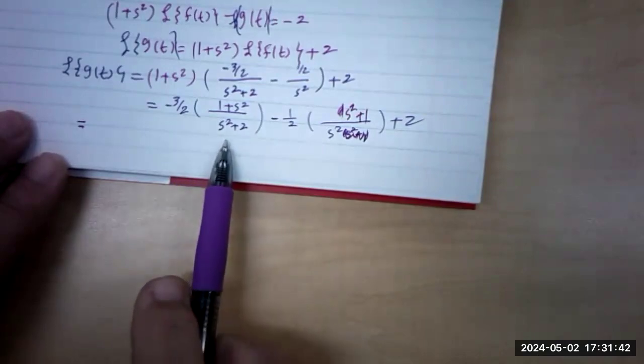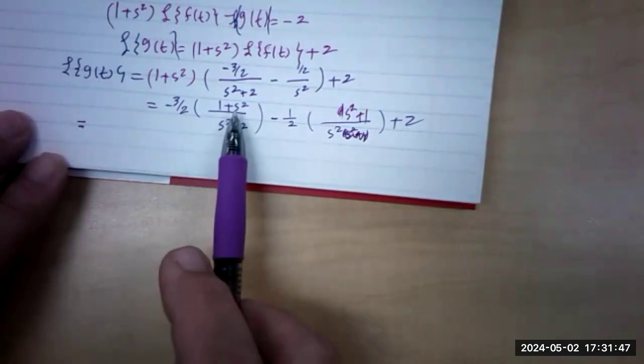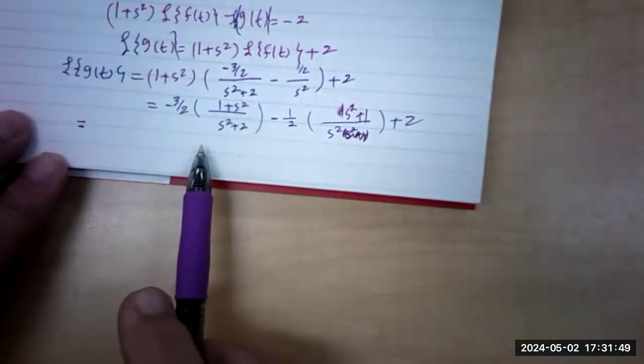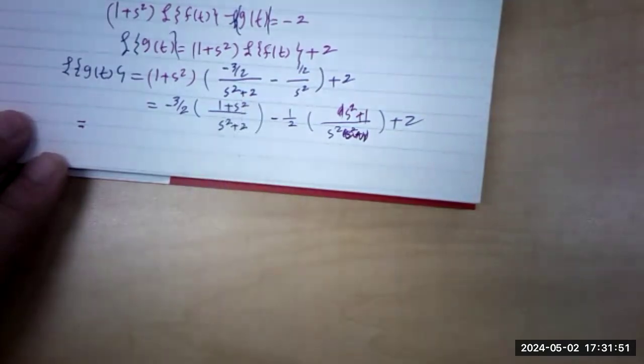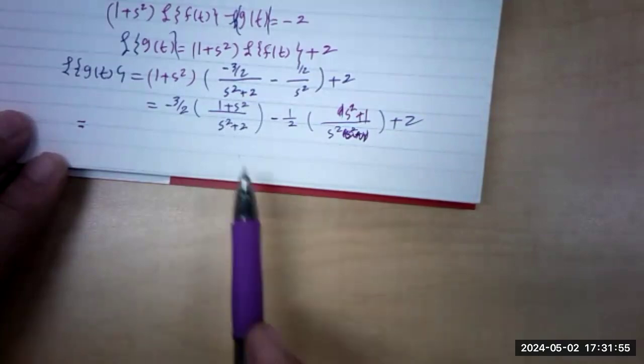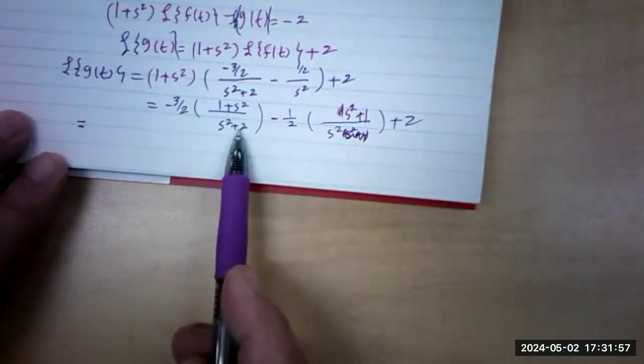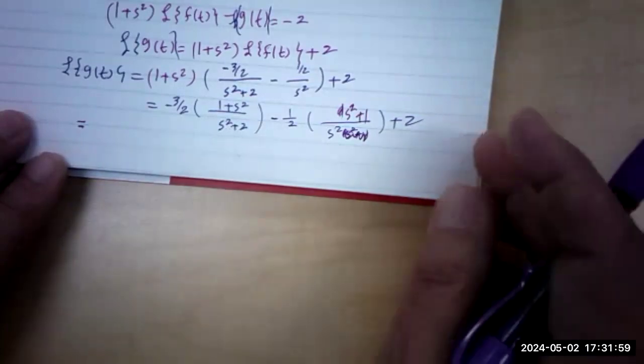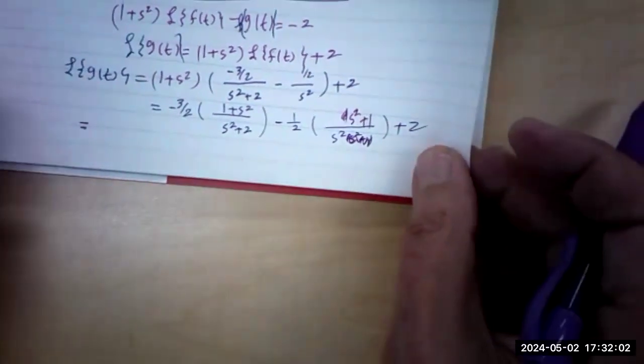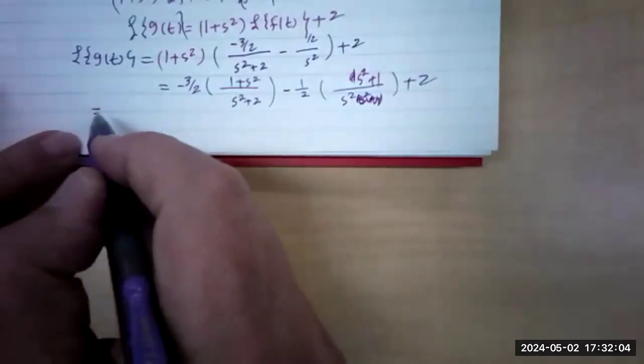Now you can break this one into two parts. When the degree of the top and the bottom are the same, you know that we divide the top by the bottom. That's easier to break, because this is s squared plus 1 over s squared plus 2. Or you can just use a trick, let me just show you, maybe do it in calculus.